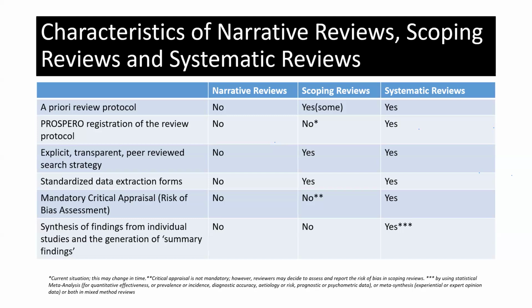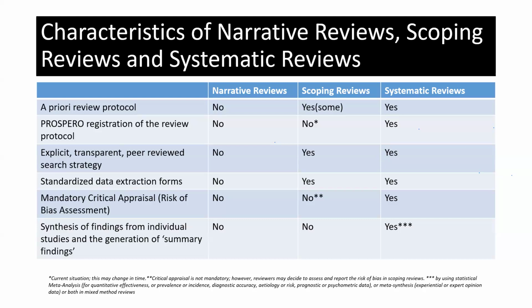It doesn't have to be registered with Prospero, which is the review protocol registration authority. It has to be explicit, transparent, and peer reviewed search strategy, just like systematic review. It has a systematic search of the literature. It has standardized data extraction forms, just like systematic review. It doesn't have mandatory critical appraisal.